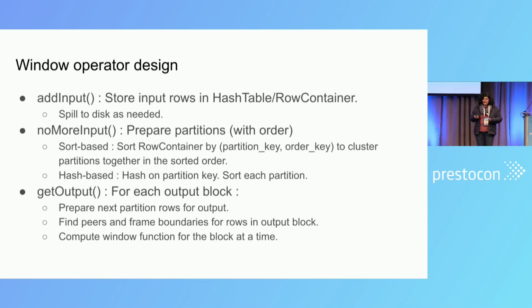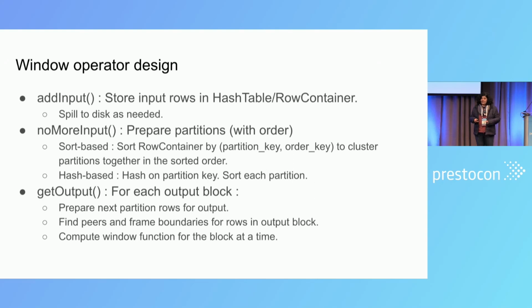The easiest is to use a sort-based algorithm where you sort your row container by partition by keys followed by order by keys. With this sequence of ordering, the final sort gives you your entire data stream ordered in the order in which the operator can process the stream to generate window function output.